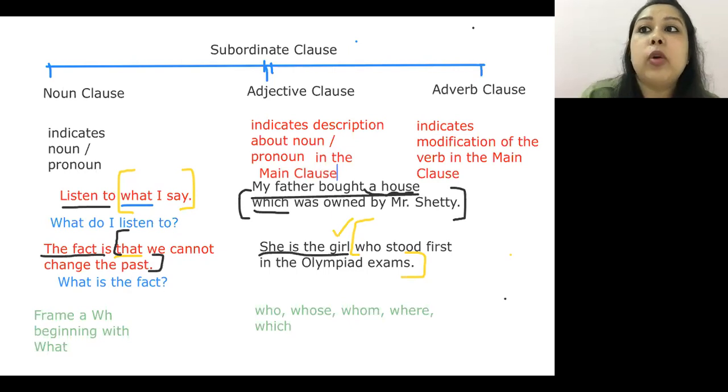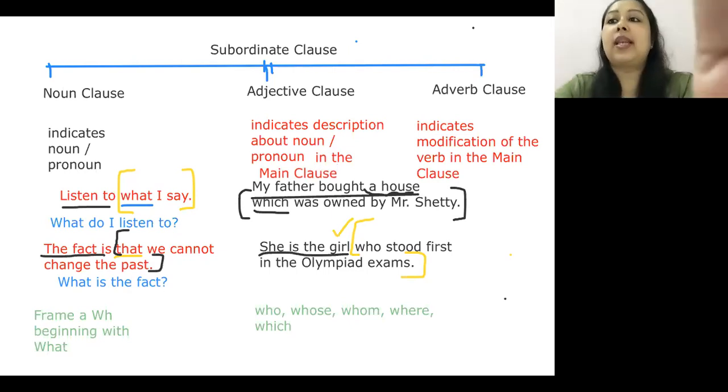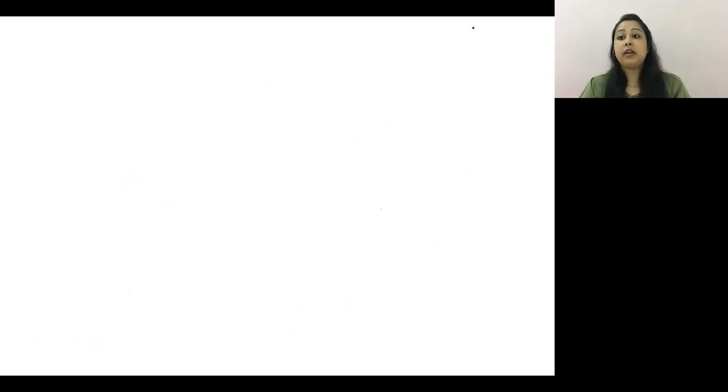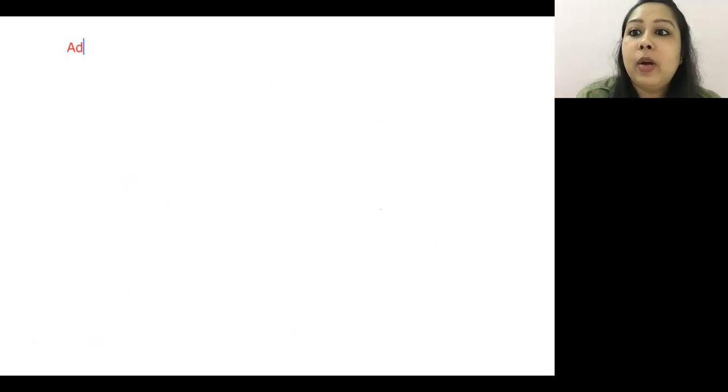Now, before I give you a few examples of adverb clause, let me take you to another important thing. Adverb clauses are divided into 9 different types. They are very easy, provided you understand the basic concepts and the nitty-gritty of what the title is telling you.